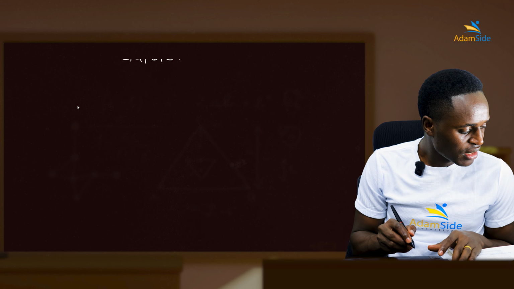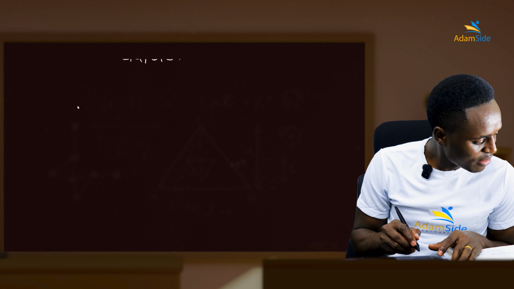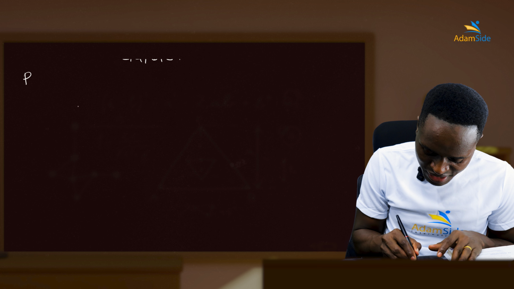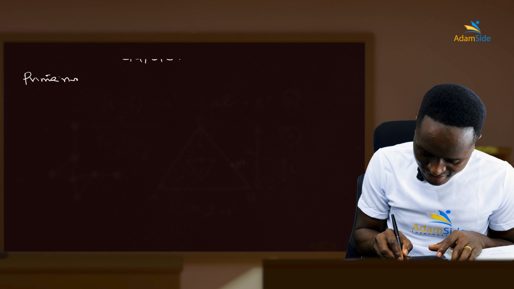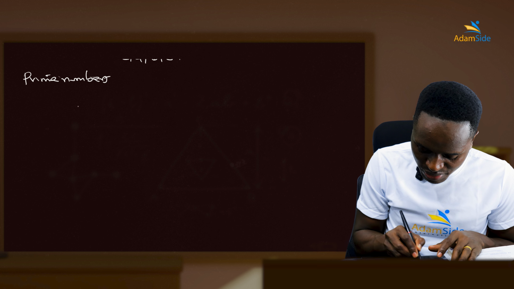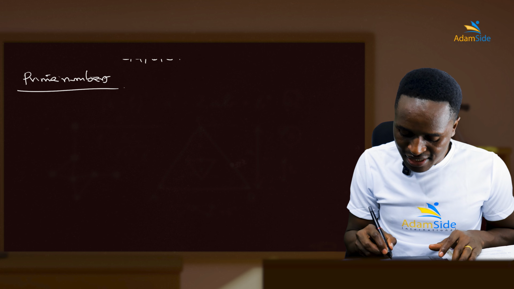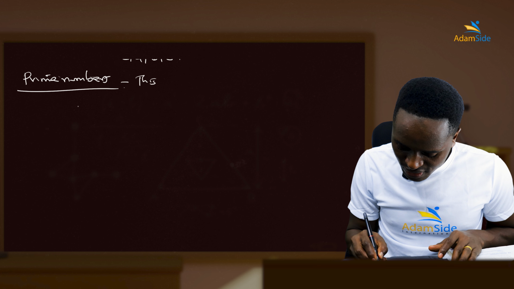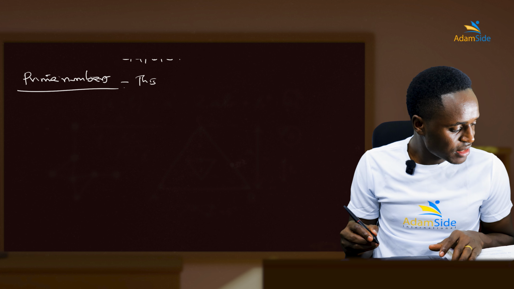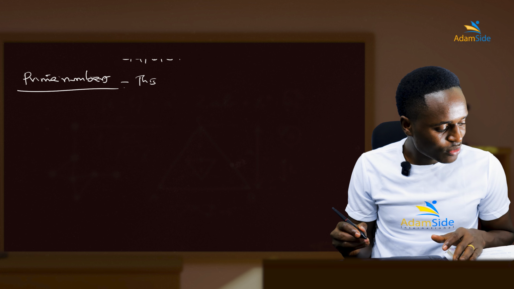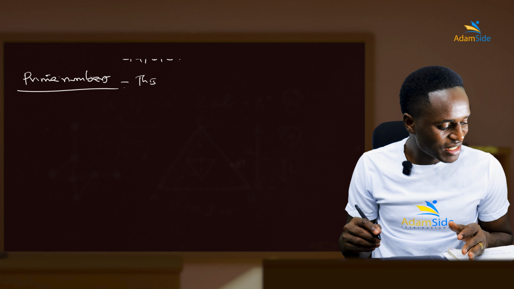Then we have prime numbers. What are prime numbers? A prime number is a whole number greater than 1 which has only 2 factors: that number itself and 1.